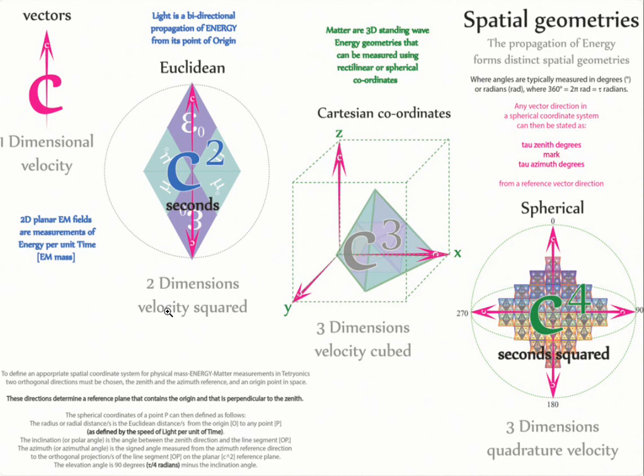We can develop a Cartesian coordinate system in classical mechanics using c cubed, where the energy propagates in x, y, or z directions to create a cubic measurement or a rectilinear coordinate system. Or we can use c to the fourth for Riemannian curvature or spherical spatial coordinate systems.